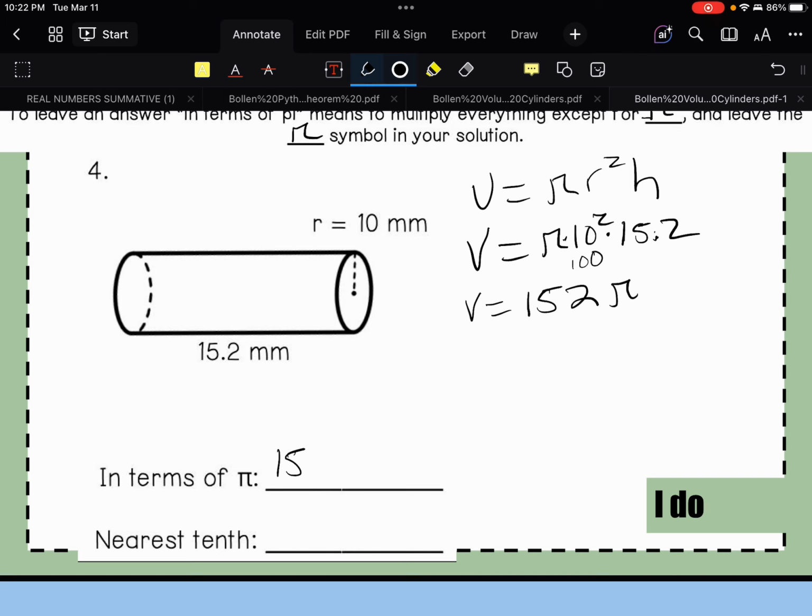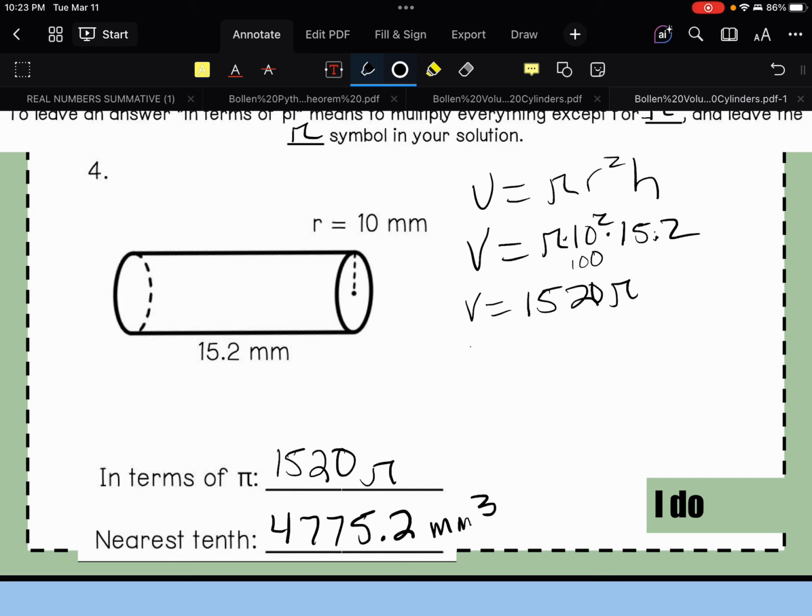So we would do, it's actually 1,520 times pi. And when we multiply that out and round to the nearest tenth, we're going to get 4,775.2. And that would be millimeters cubed in this case.